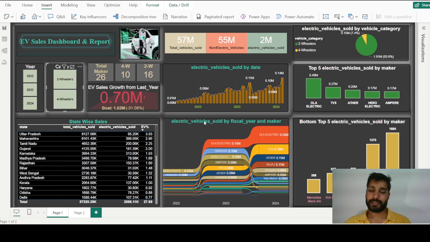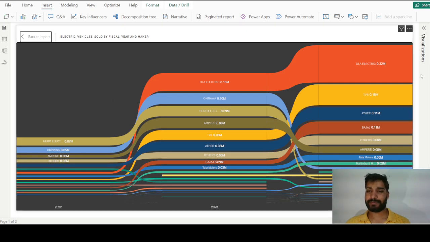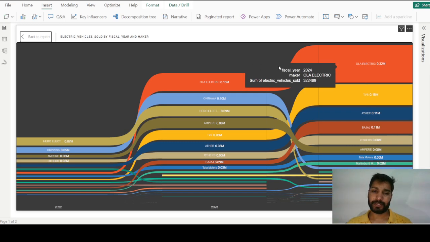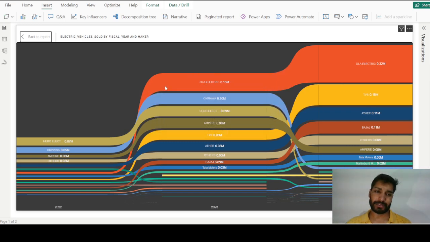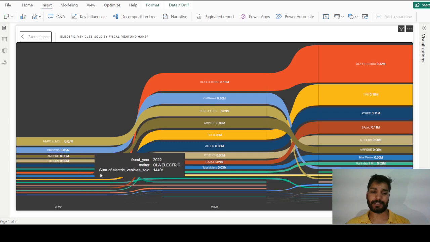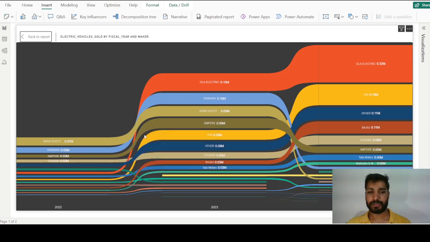About the two-wheelers, after viewing this graph we can say Ola Electrical is doing great in the electrical vehicle market. Ola Electrical basically started in 2022 in the mid range, and after 2022 it showed good growth.